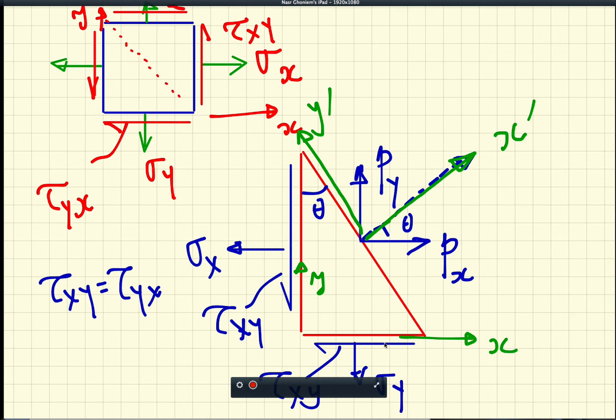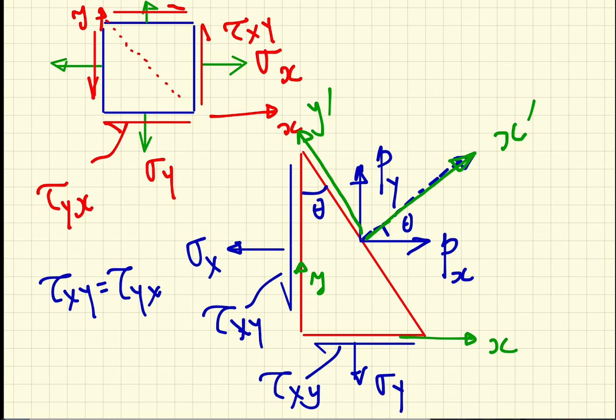So if you look now at defining areas, if we take the thickness of this prism to be equal to 1 in the z direction, then the area would be just the length of each section. So the area of this is the length.